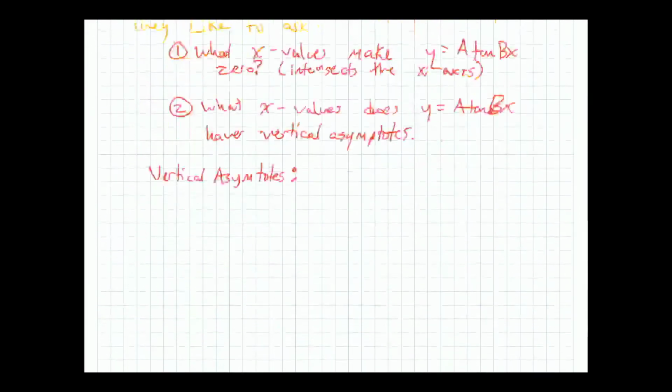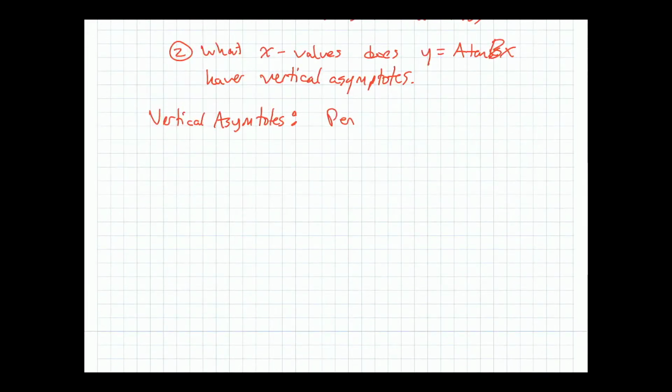So you calculate a period. So the period is pi over b, not 2 pi over b, pi over absolute value b, and then the vertical asymptotes are at x equals plus or minus 1/2 period, plus or minus 3/2 period, etc., right? 5/2 and so on. We already talked about that.